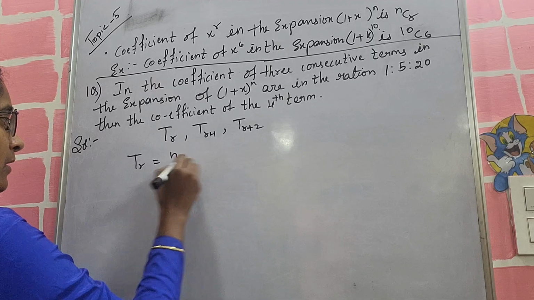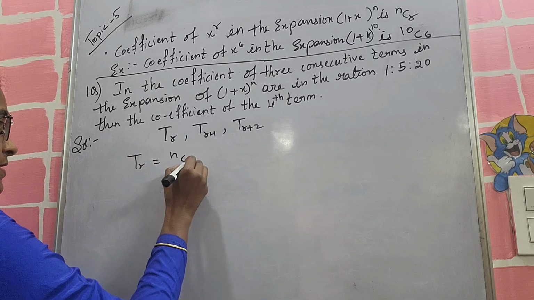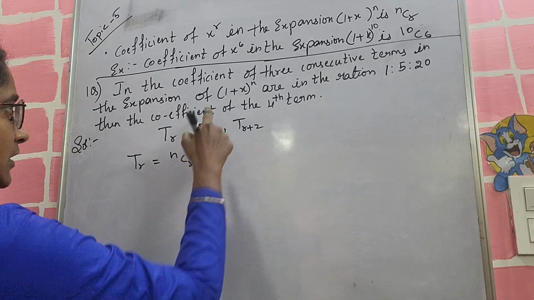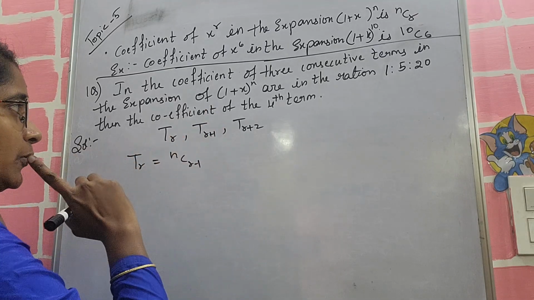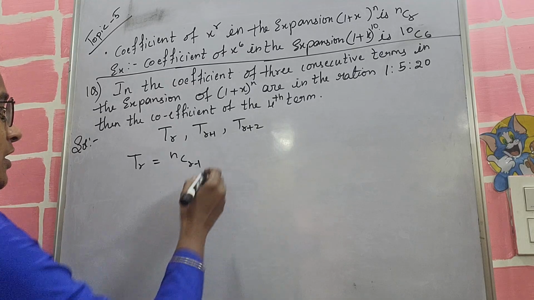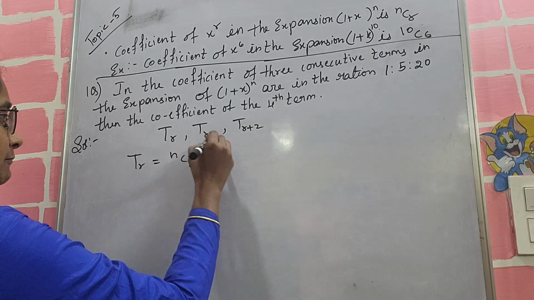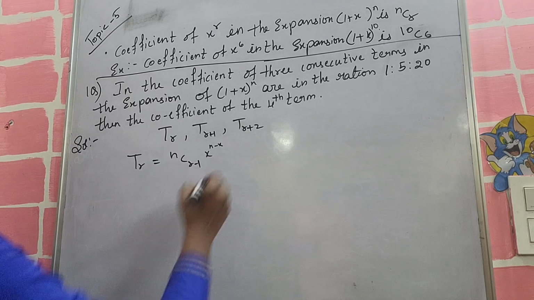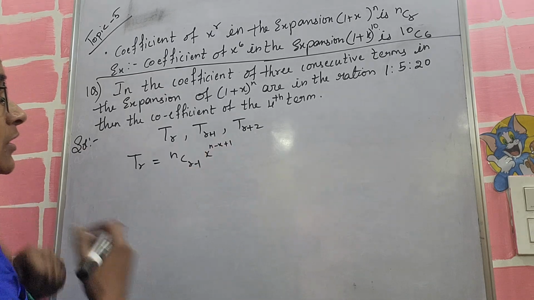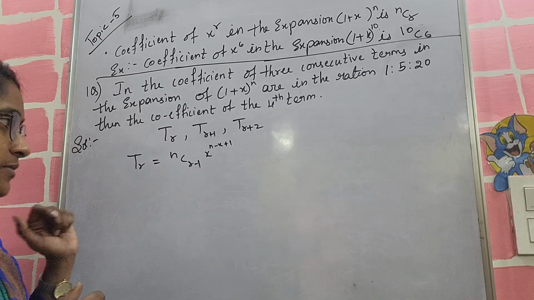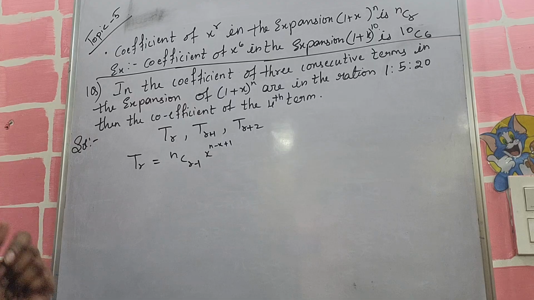It is nC(r-1) times 1^(n-r+1) times x^(r-1). Then the next term, what am I going to get?